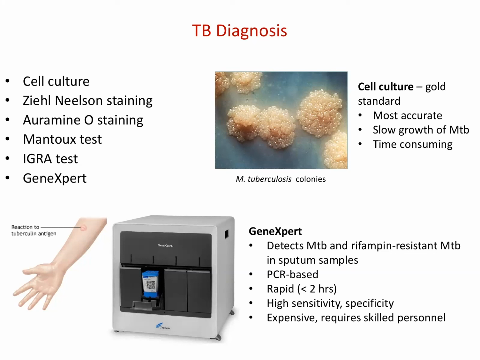And of course, there's the latest GeneXpert, which is PCR based. It can detect Mycobacterium tuberculosis and rifampin-resistant Mycobacterium tuberculosis. It uses a sputum sample, and it's very fast. You can get results within a couple of hours. It has high sensitivity and specificity.